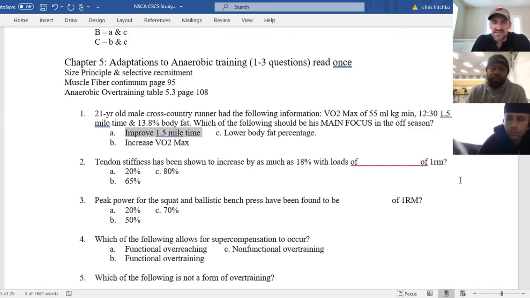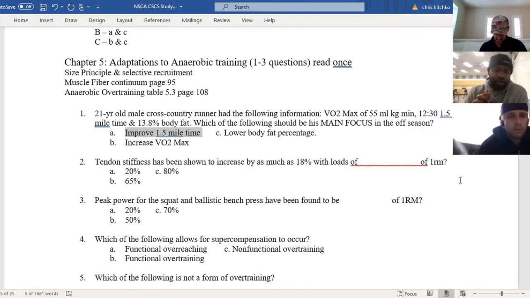So number 2, tendon stiffness has been shown to increase by as much as 18% with loads of blank of your 1RM: 20, 65, or 80. Stiffness.